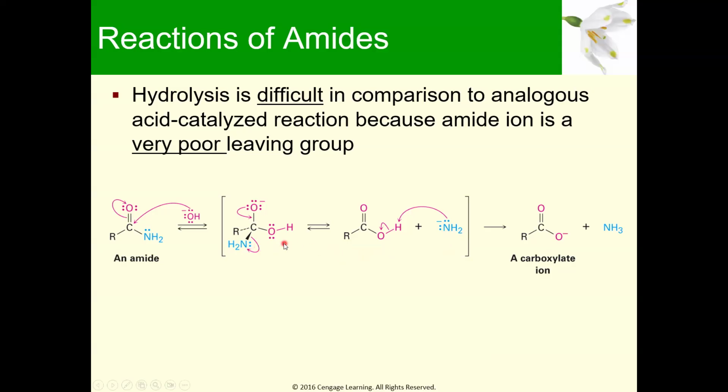Once that NH2 minus leaves, it reacts with the carboxylic acid to abstract a hydrogen, an acid-base reaction, to give you the carboxylate and then ammonia. So that's the only thing that really facilitates this: the leaving group, once it leaves, can then react as a base and it becomes more stable. So that sort of facilitates that process.